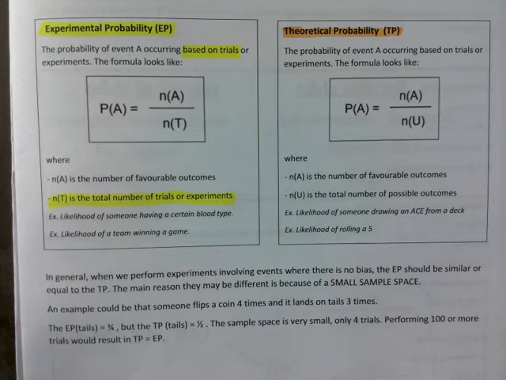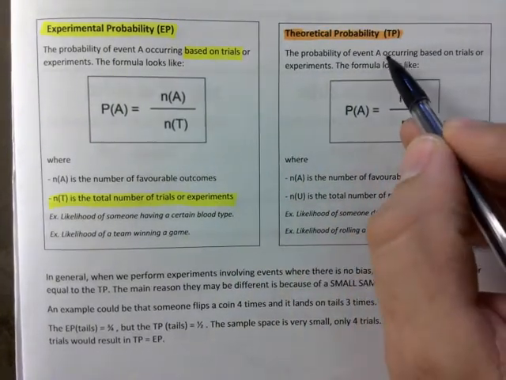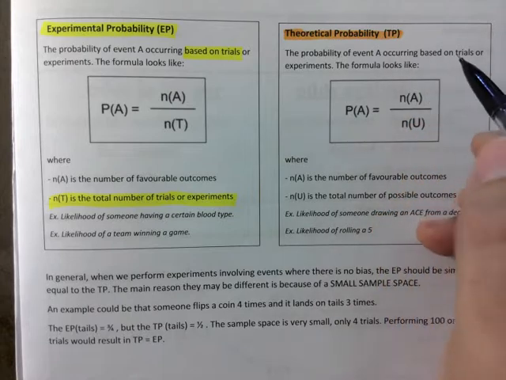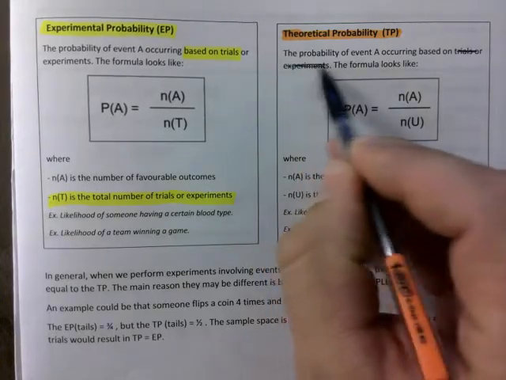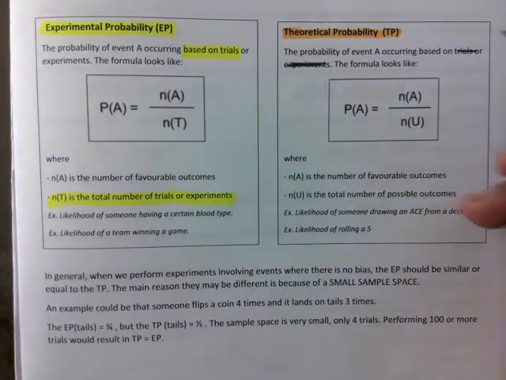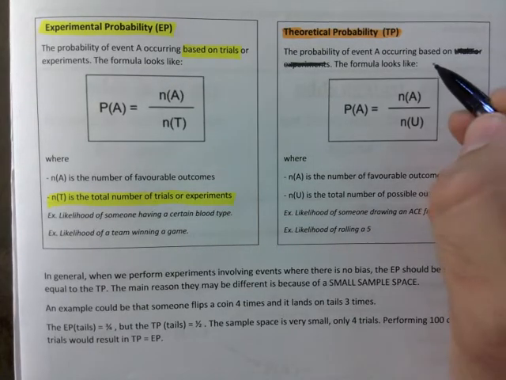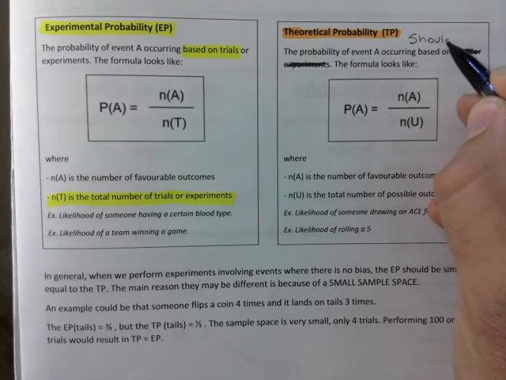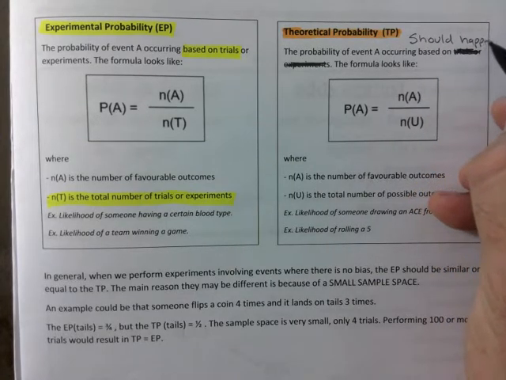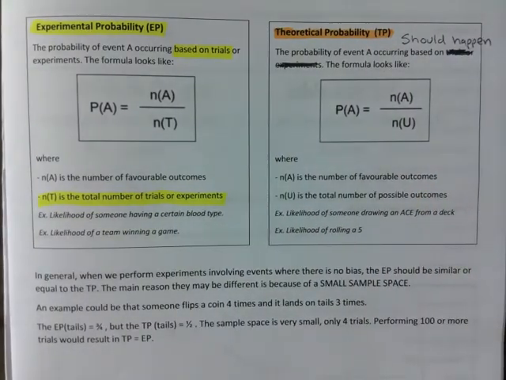Versus theoretical probability. Oh, I made a mistake because I did copy-paste. This is the exact same, so the probability of that event occurring based on, not trials, cancel that. What should happen? Just put "should happen" here, and we'll leave the rest as is.